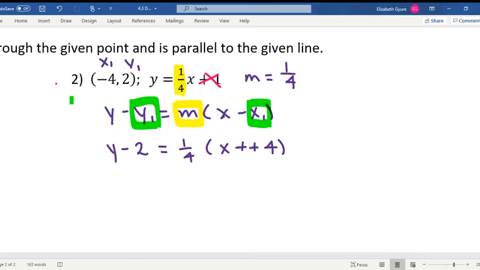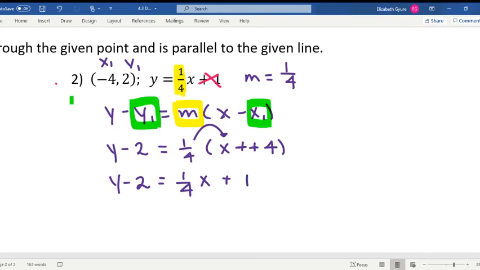So on the left, we're going to drop down our y minus 2 equals, and then we're going to distribute our 1/4. What is 1/4 times x? My bad, 1/4 x. And then now 1/4 times 4. Remember, isn't that just like doing 4 divided by 4? Yes, that's just 1. Good.